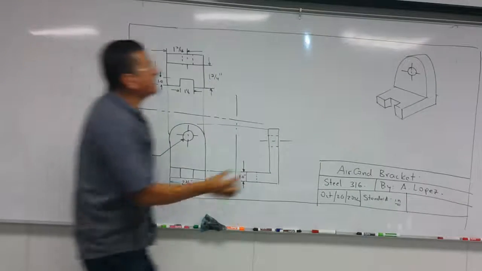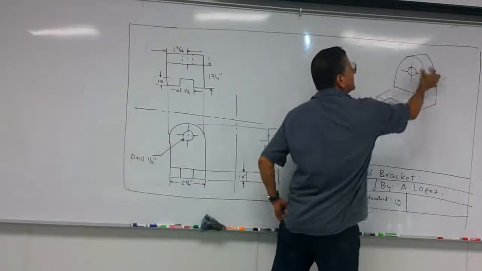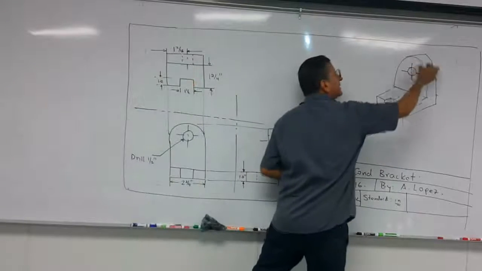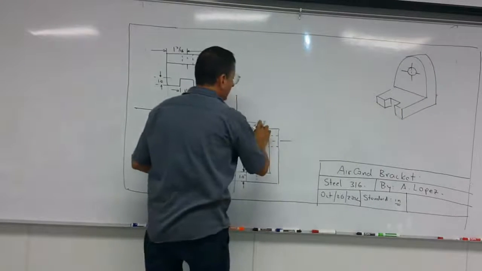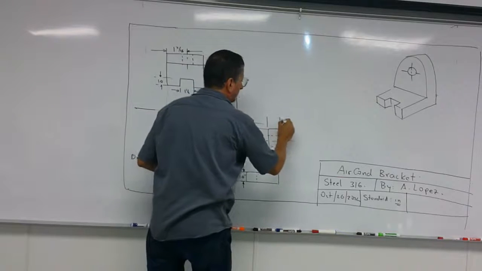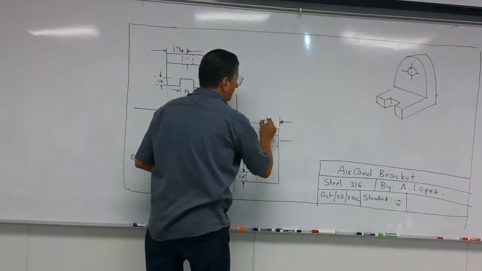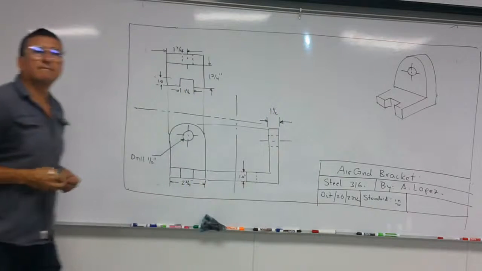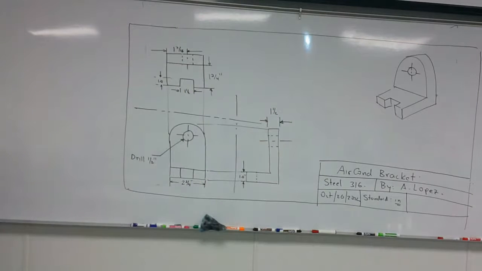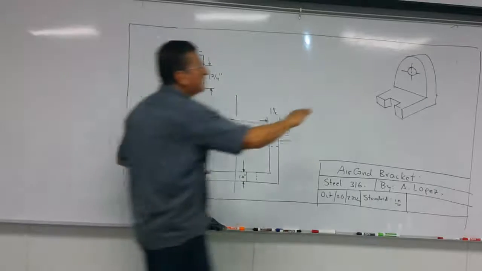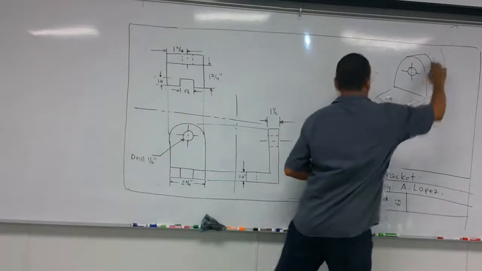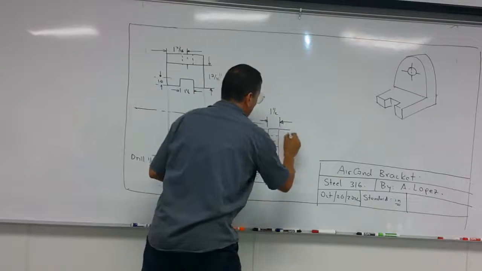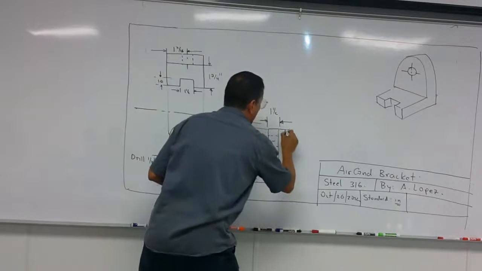Where can I indicate the thickness of this? This one, that thickness, in the lateral. And also this distance, probably on the lateral, no?